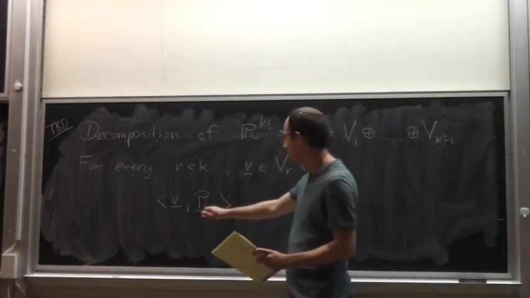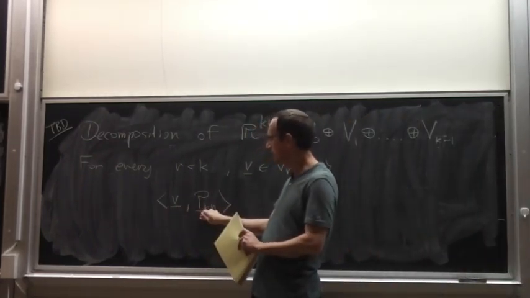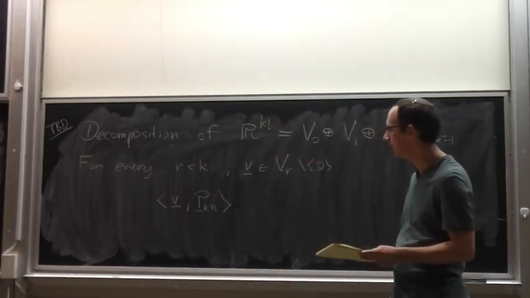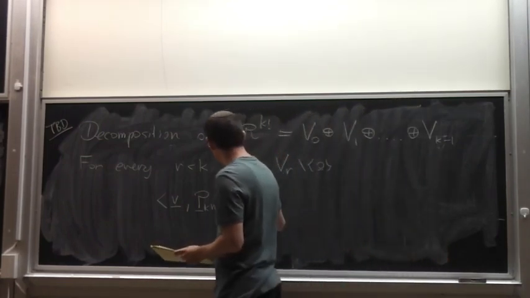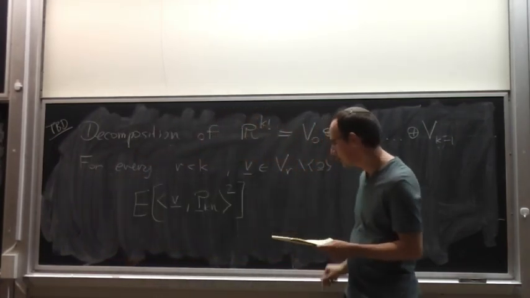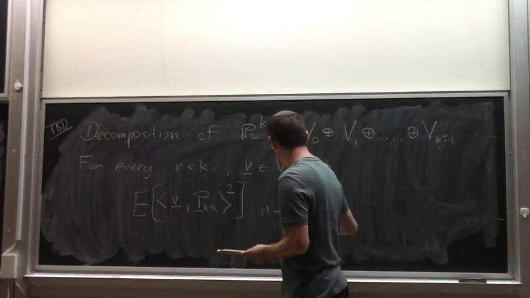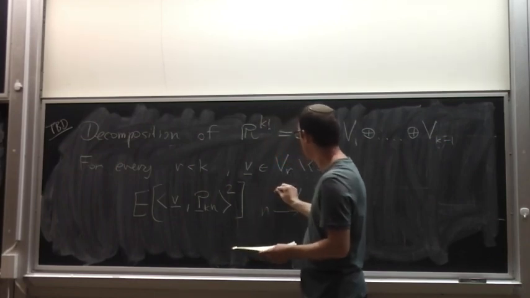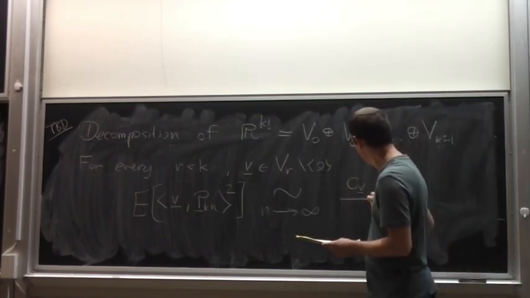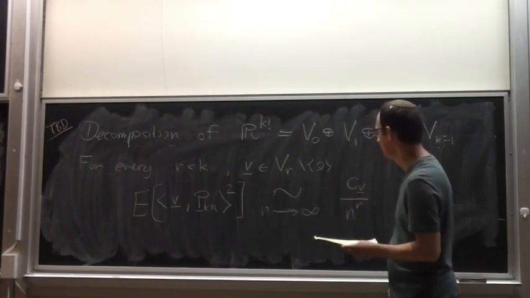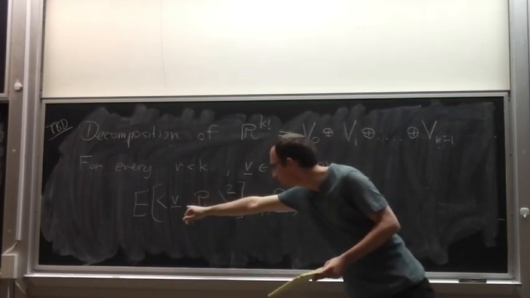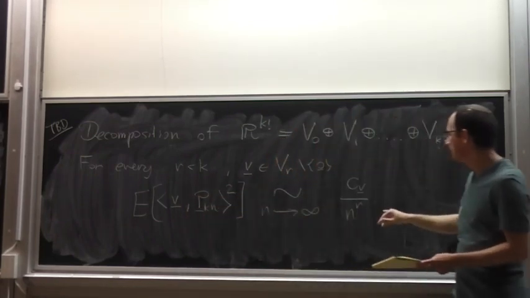It's a linear combination of these k factorial random variables, which is another random variable. And we want to say something about its order of magnitude on average. So we square it and take the expected value. And the claim is that as n goes to infinity, this is asymptotically equivalent to some constant over n to the r, where r is which component the direction v, on which we projected, comes from.